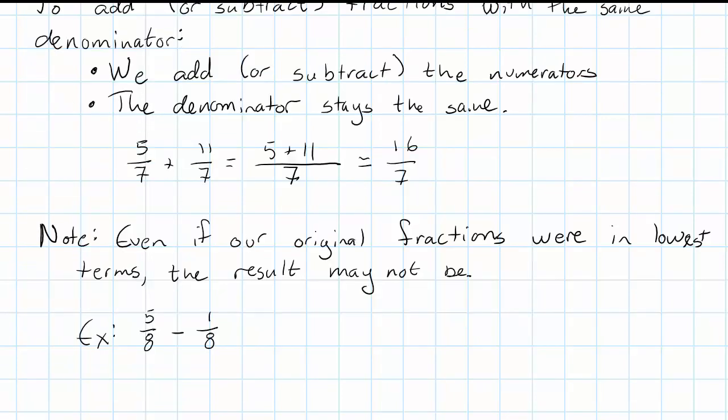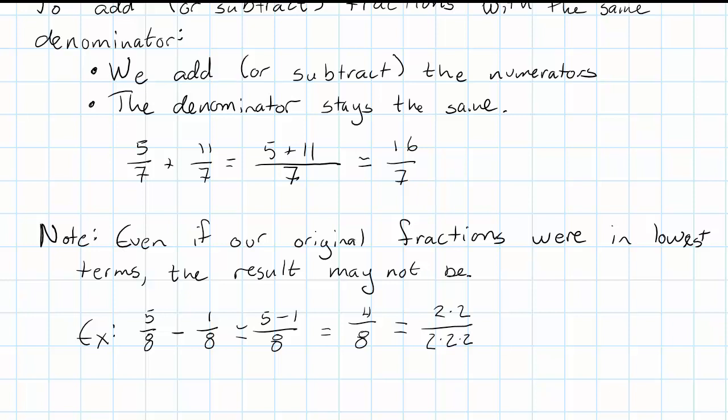if we go to subtract 5/8 minus 1/8, right, 8's only factors are 2's. So 8 and 5 don't have any common factors, 8 and 1 don't have any common factors. But when we subtract the numerators, well, 5 minus 1 is 4. Let's see, 4 is 2 times 2, and 8 is 2 times 2 times 2.